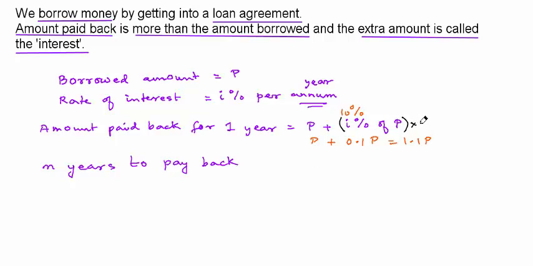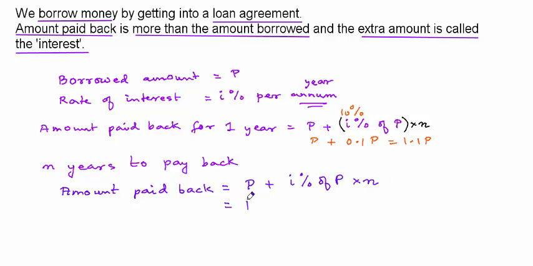So this is going to be multiplied with N. So if we may write that down, the amount paid back is going to be equal to the amount borrowed, P, plus I% of P multiplied with N, which is equal to P plus I over 100 if this I is expressed as a percentage, 10% or a 5% or a 2%.